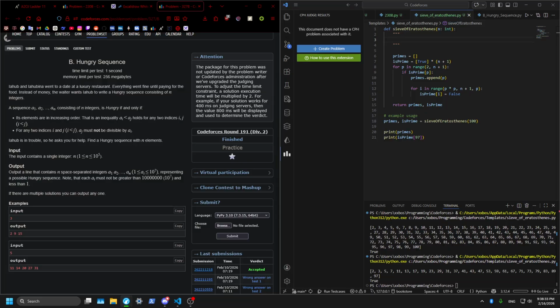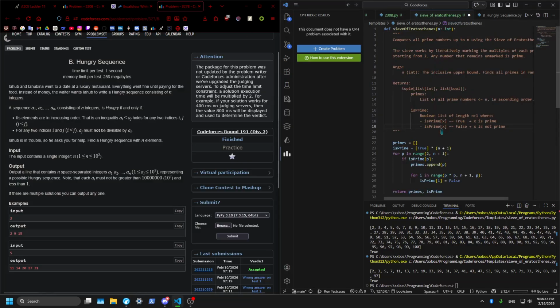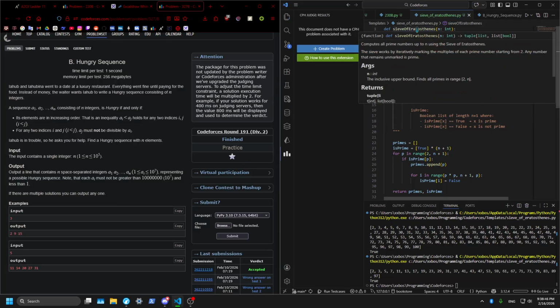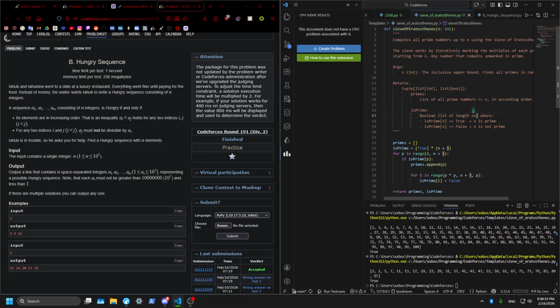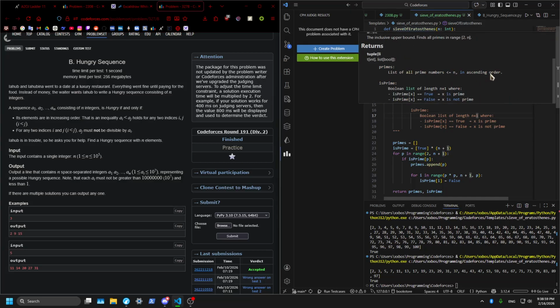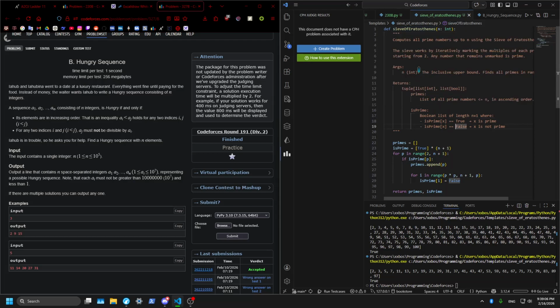Okay. Copy this over. Don't know what's going on here, but tuple li.